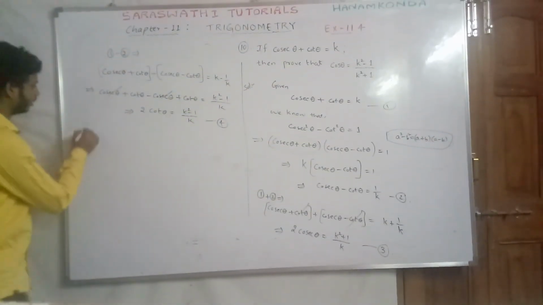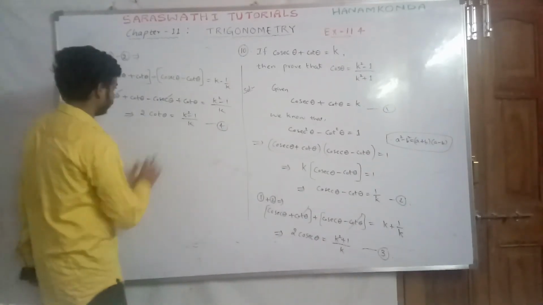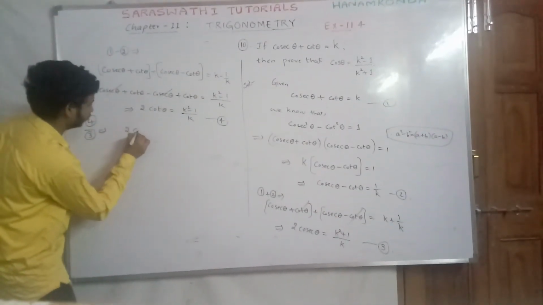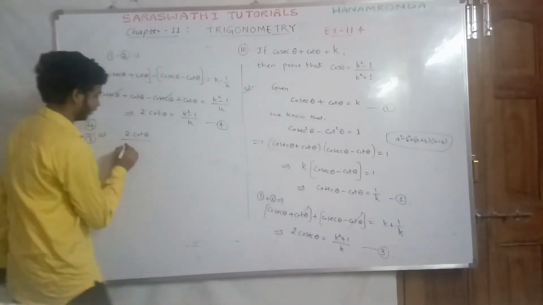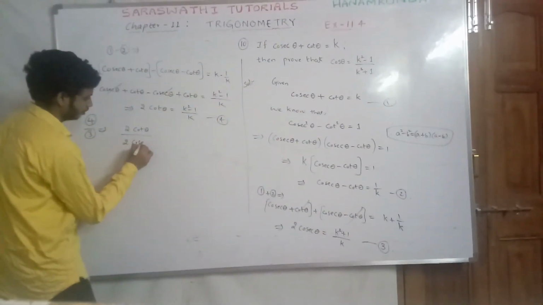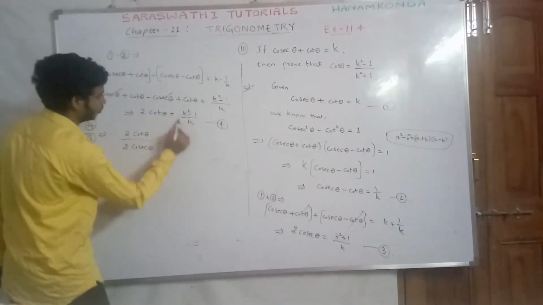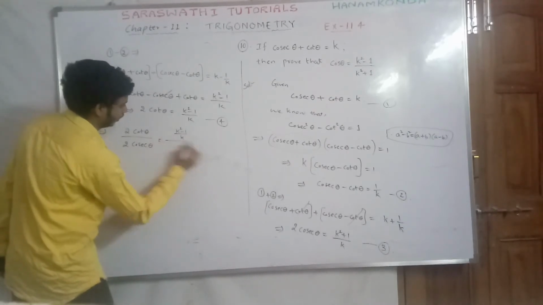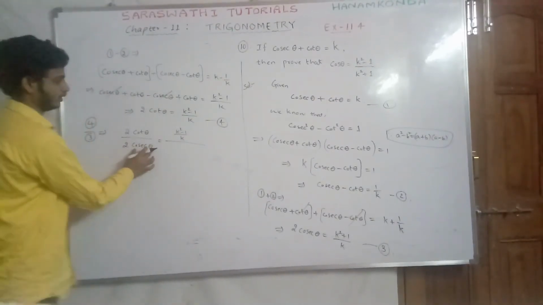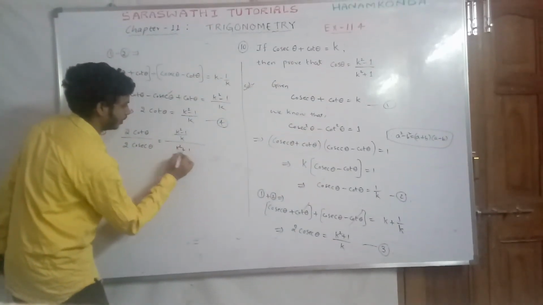Now divide the fourth equation by the third equation. The fourth equation we obtained is 2 cot theta, and the third is 2 cosec theta, so 2 cot theta by 2 cosec theta equal to k square minus 1 by k over k square plus 1 by k.